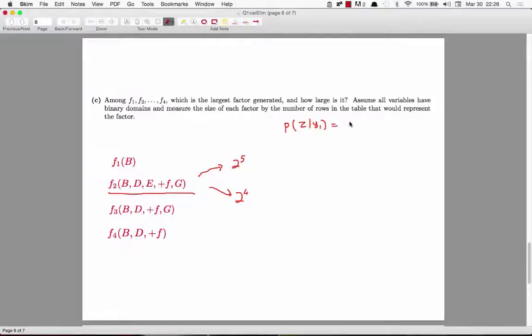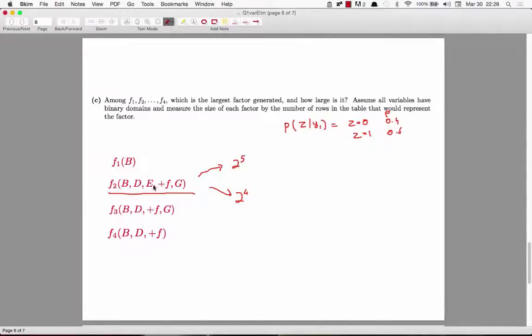So this would just be represented as two tables. So suppose z could take 0 and z equal to 1, and then you would just have a probability here, say 0.4 and 0.6. So this particular factor was just represented by two numbers. So it's basically the number of variables that count and not the number of terms in the factor.